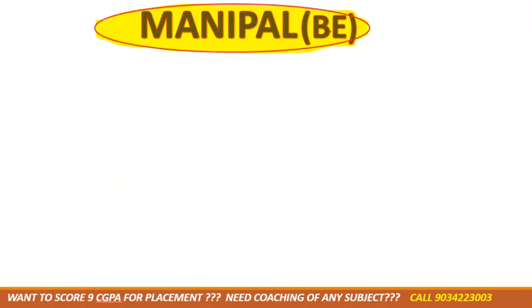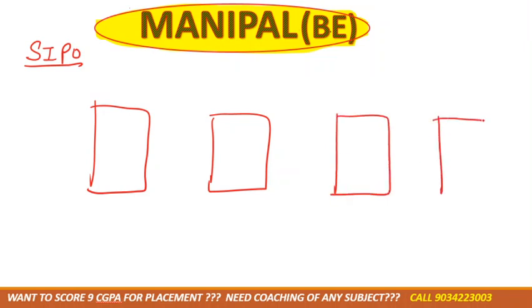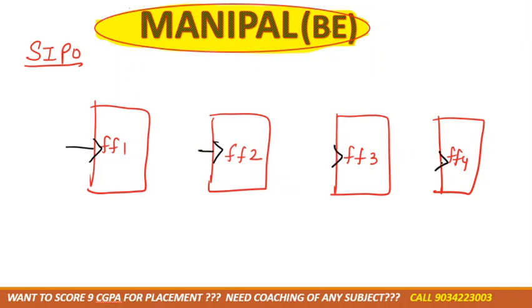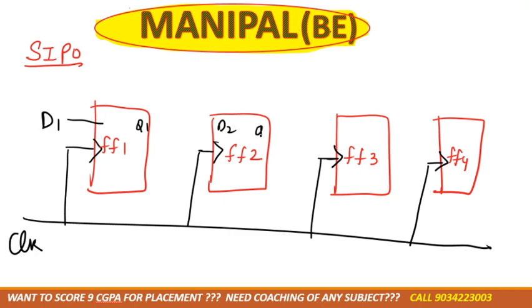Note down this thing. The next one is serial in parallel out. Okay, again use 4 flip flops. This is flip flop 1, flip flop 2, flip flop 3, flip flop 4. Okay, so we are providing the clock pulse, we are giving the positive edge, that is CLK, the inputs are D1 Q1, D2 Q2, D4 Q4, right?